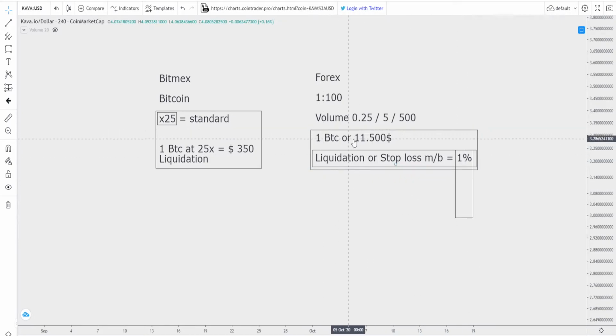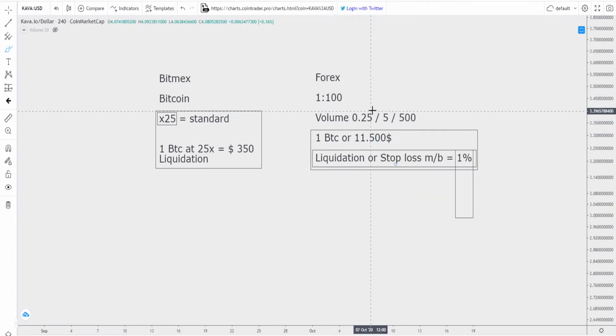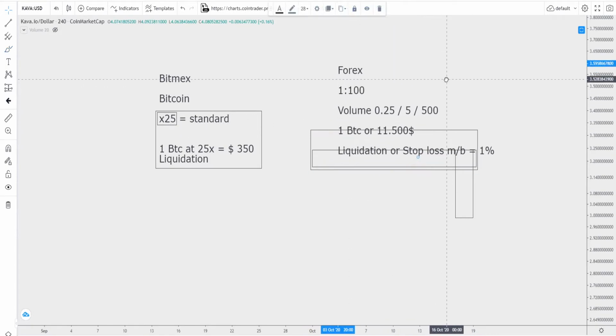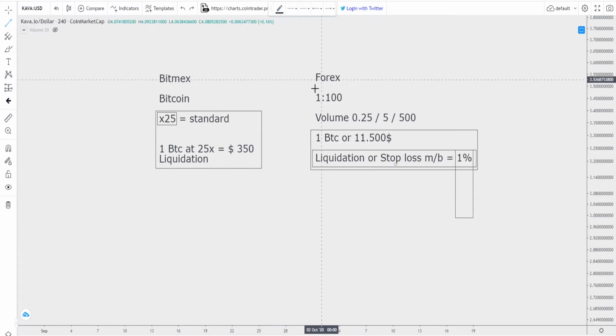And the amount of money I'm going to put on this trade will be measured right here, in the volume size of your position. So this is like a multiplier. Okay, so just one example for BitMEX, and I will give you one example for Forex.